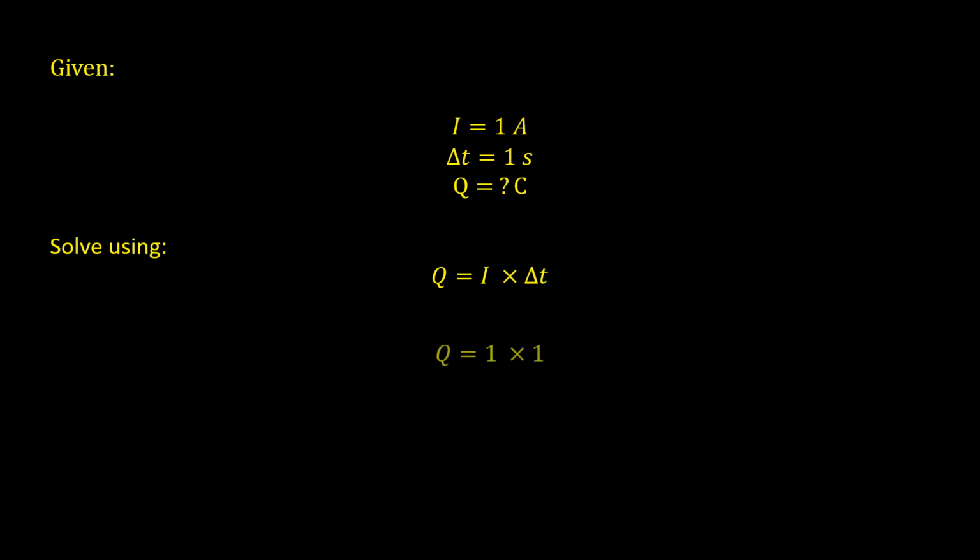We know that the current is 1 ampere and the change in time is 1 second. So it means that we have Q equals 1 times 1. And 1 times 1 is just 1, meaning that 1 coulomb of charge passed through this light bulb.